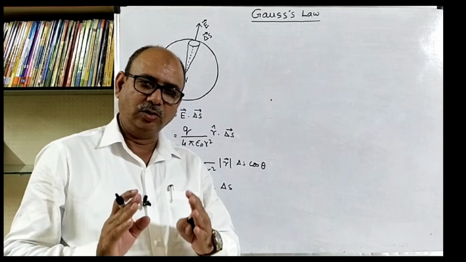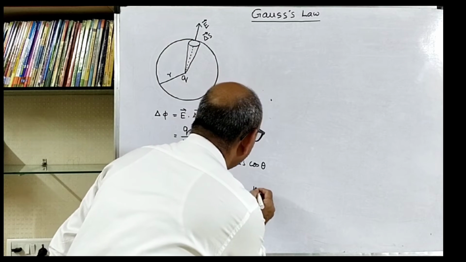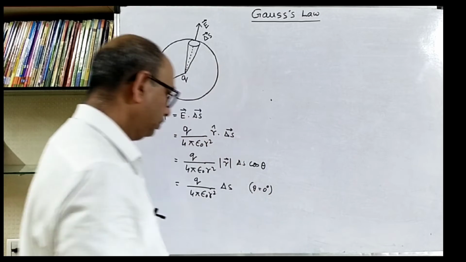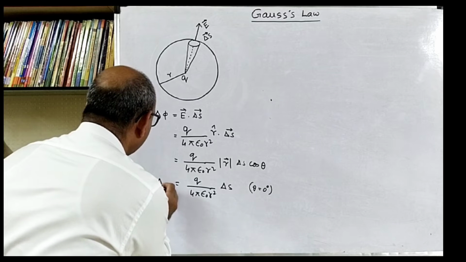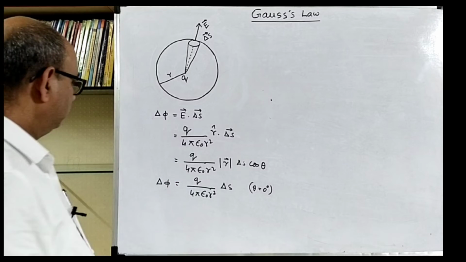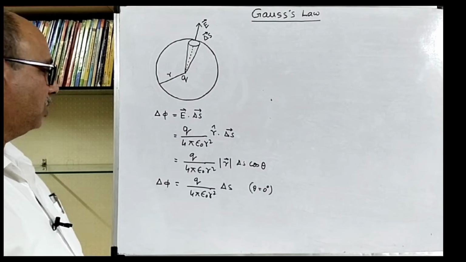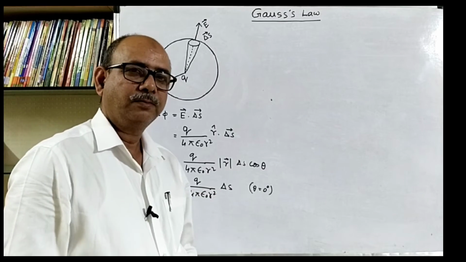Here angle is 0 and cos 0 is 1. We can write down theta is equal to 0 degree. That means value of delta phi through this small element area delta S is Q upon 4 pi epsilon naught r square delta S.